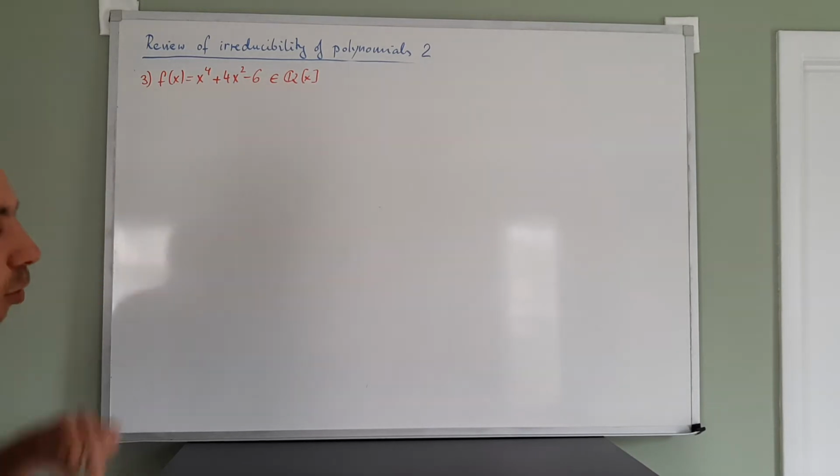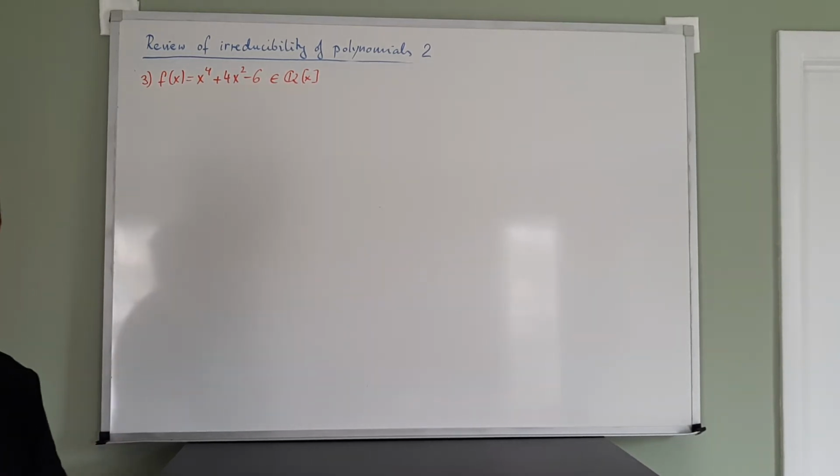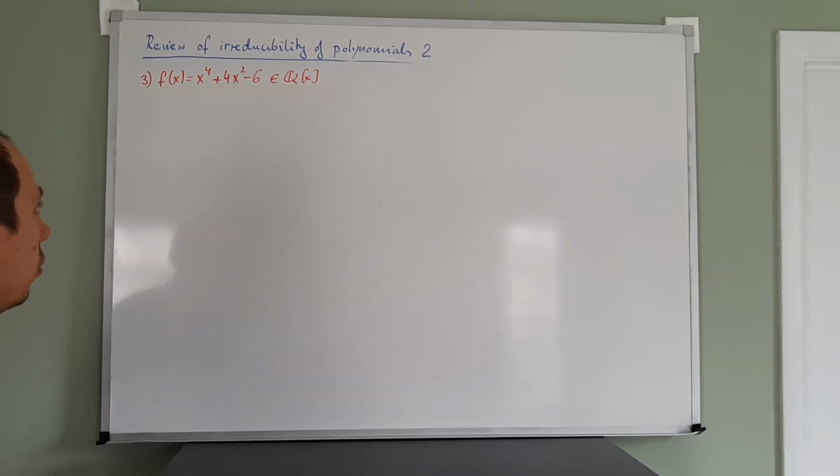So it's a quartic polynomial, degree 4, but it's really a quadratic in disguise. It's something that we call biquadratic.